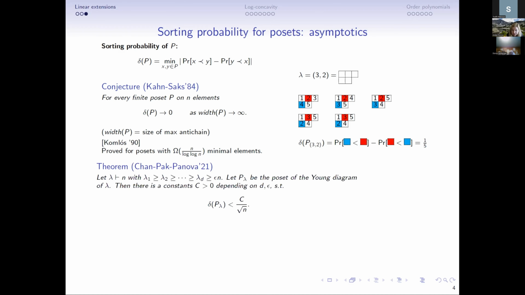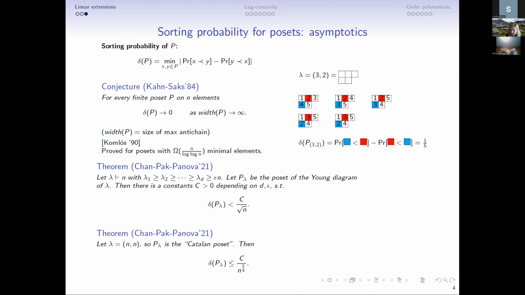What we did is we proved it for Young diagrams, like in this picture. So the Young diagram can grow linearly in the rows with n, and then this sorting probability is smaller than c over square root of n. And of course, for the Catalan poset, we actually have an even better bound, because we have a lot of formulas for computing things more precisely.